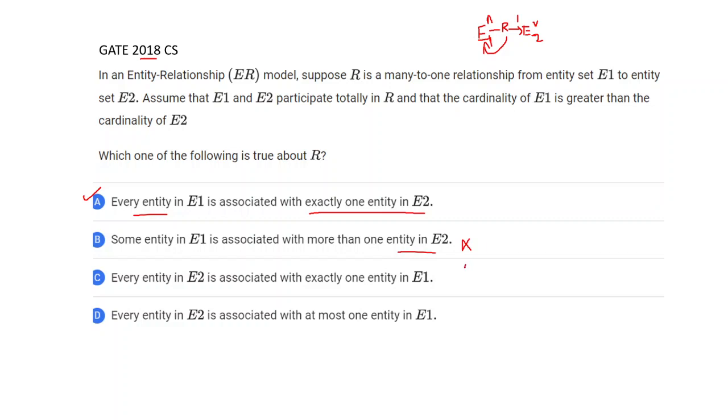So this is not a clear choice. And the last one, every entity in E2 is associated with at most one entity in E1. No, actually no, because there is a total participation. We need to remember that. In case of a total participation, every entity in E1 has to be associated with exactly one entity in E2.